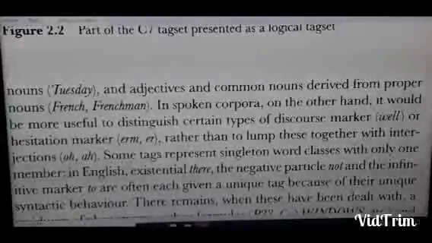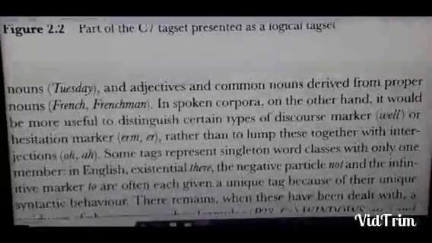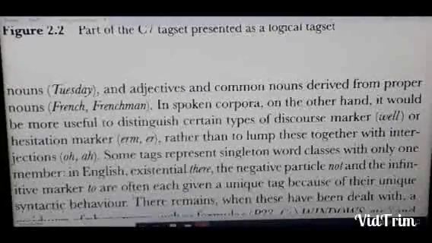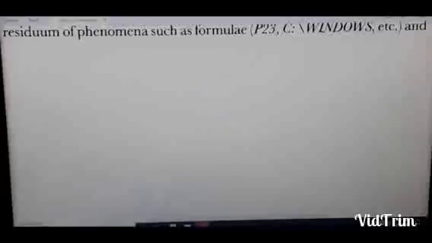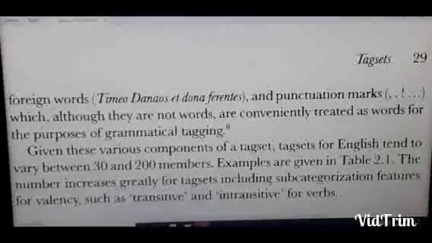There remains, when these have to be dealt with, a residuum of phenomena such as formulae, P23, C colon slash Windows, etc., and foreign words, Timeo Danaos et dona ferentes, and punctuation marks as in comma or dot or exclamation mark, which although they are not words are conveniently treated as words for the purposes of grammatical tagging.